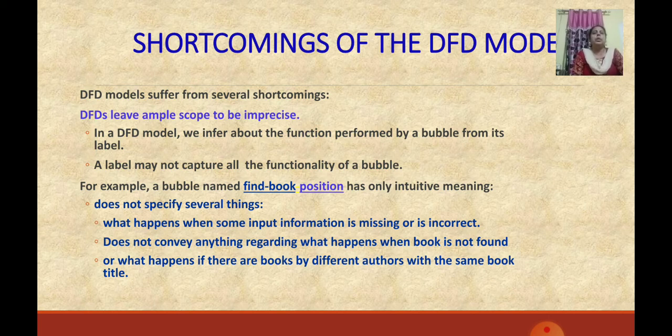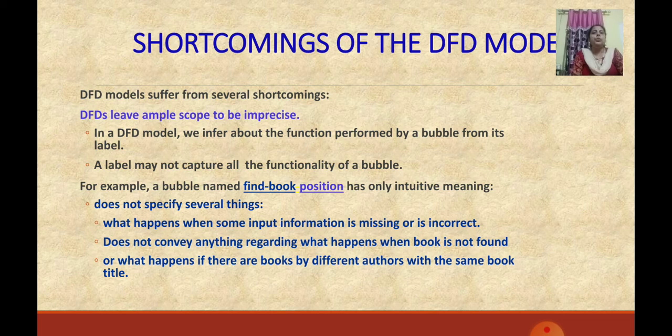For example, a bubble named find book position has only intuitive meaning and does not specify several things. If the process name is find book position, we can easily understand that the process is searching for the position of the book in a library.